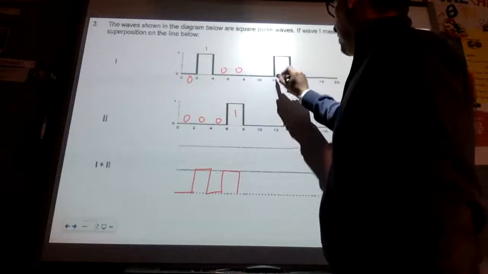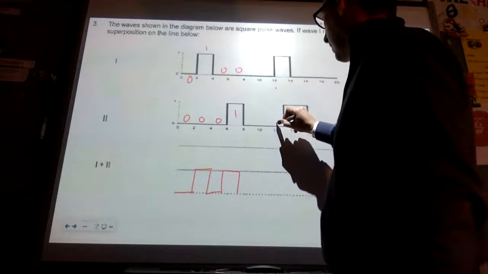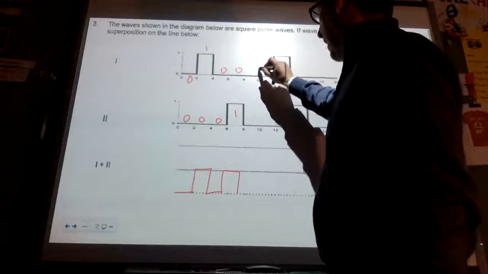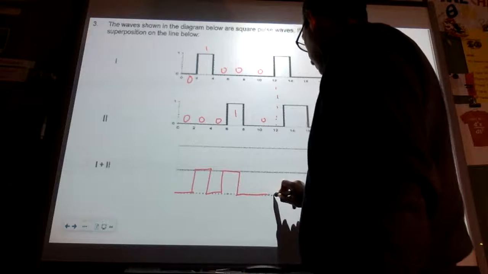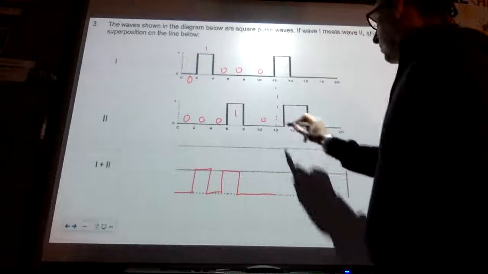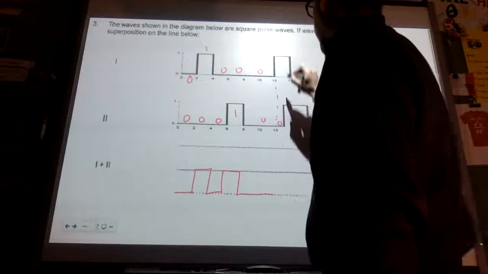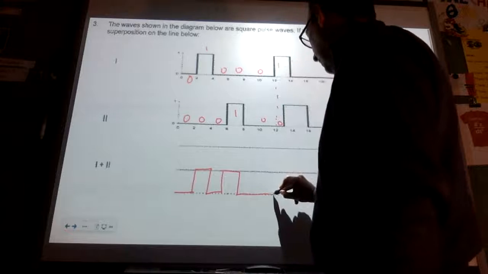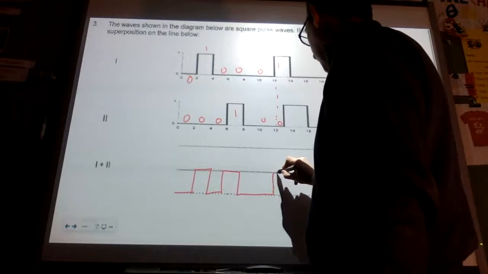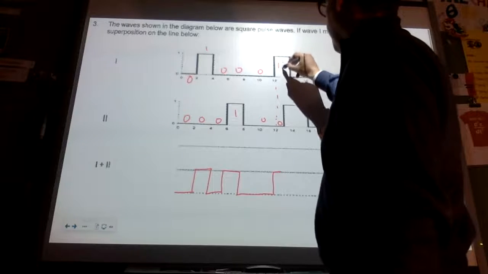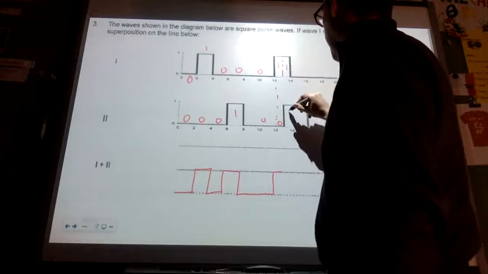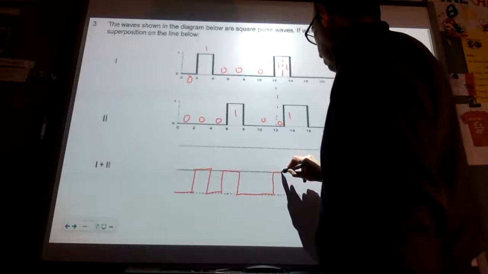From 8 to 12, I have a 0 and 0. From 12 to 13, this is at 0 and this is at 1. From 13 to 14, this is at 1 and this is at 1, so I'm going to be up to 2.